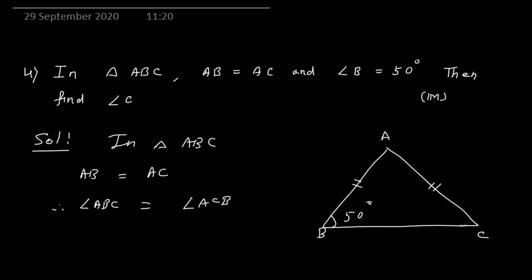Angles opposite to equal sides are equal. So angle ABC is equal to angle ACB is equal to 50 degrees. Okay. You can write isosceles triangle theorem.